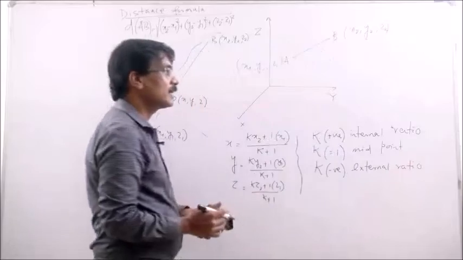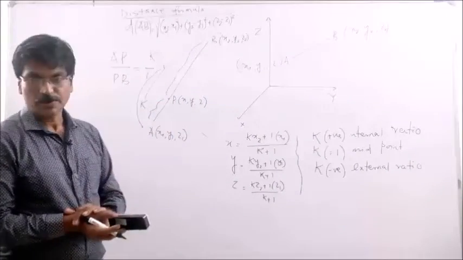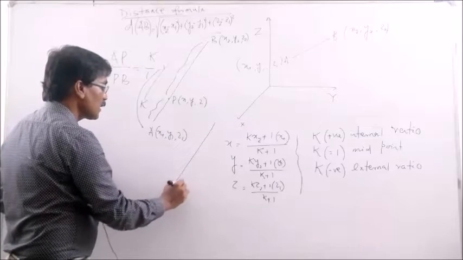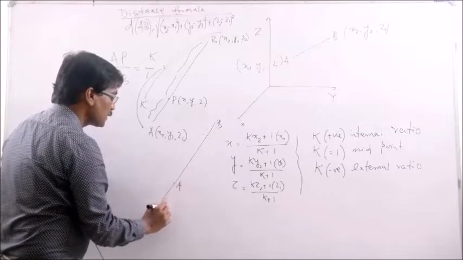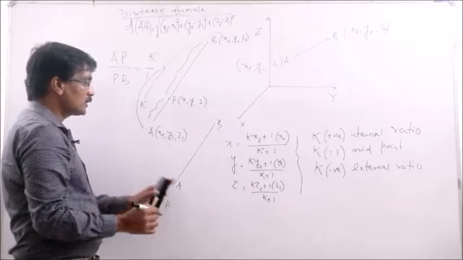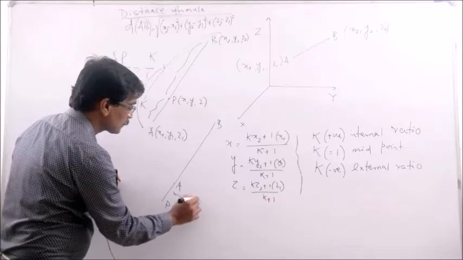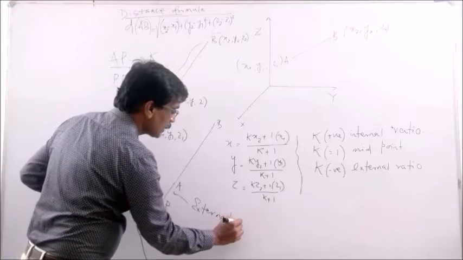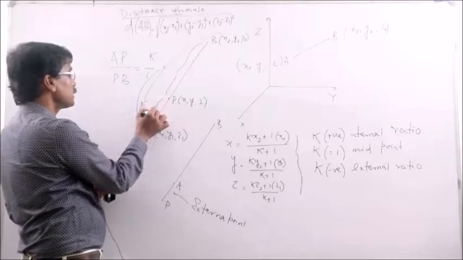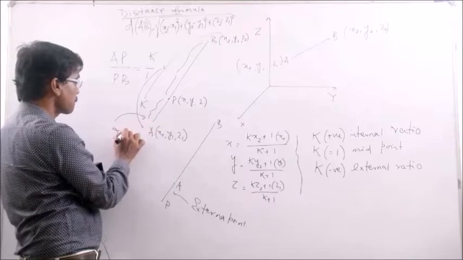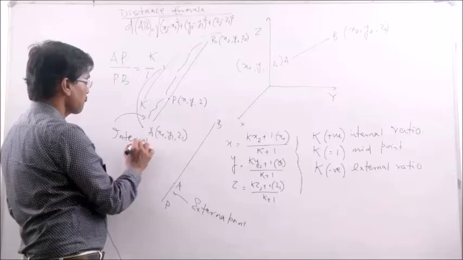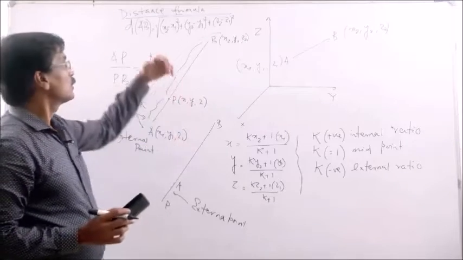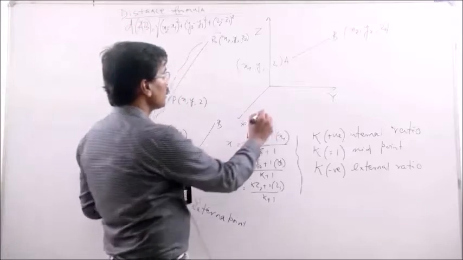External ratio is something like P is an external point. There is A, B and P is an external point, so the ratio is external, and here it is an internal point, and it is called internal ratio. So, this is called the ratio formula.